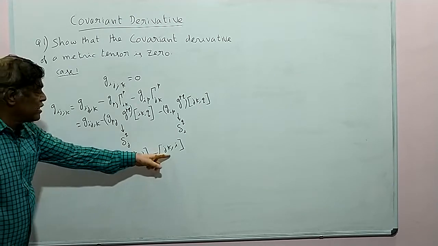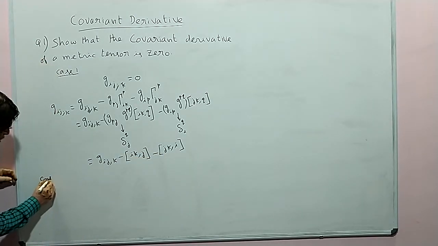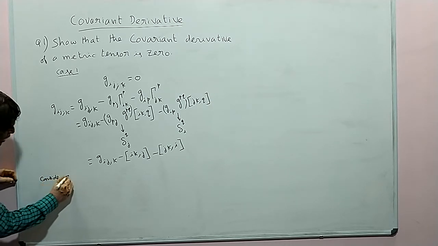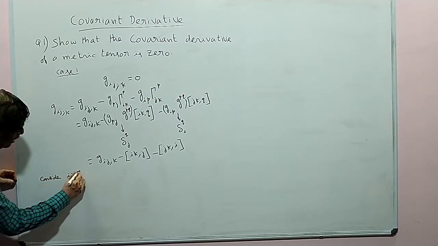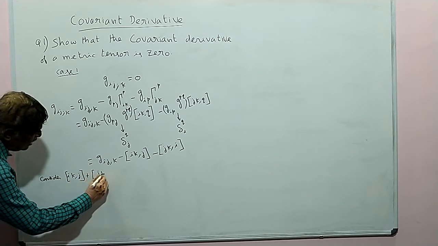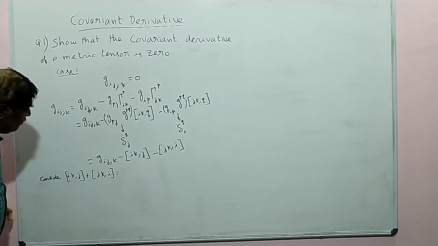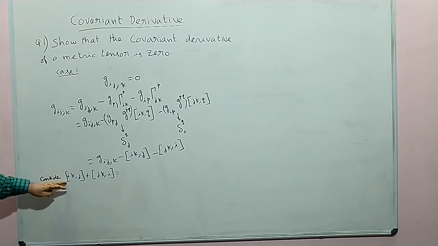Now, let us take this term. Consider [ik, j] plus [jk, i]. The Christoffel symbols can be expressed in terms of the derivatives of the metric tensor.